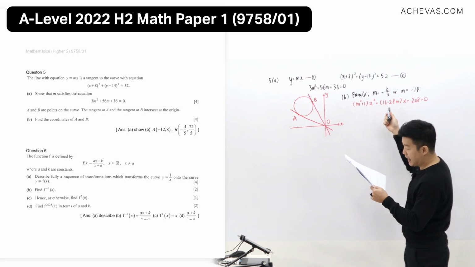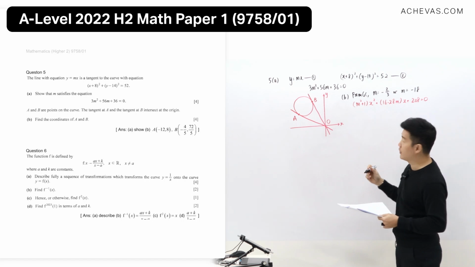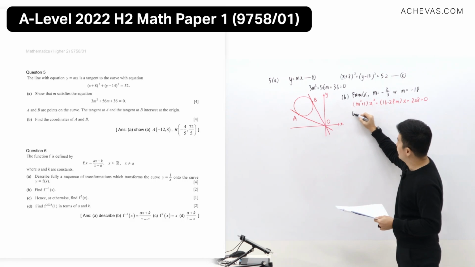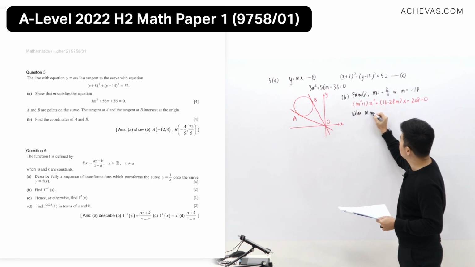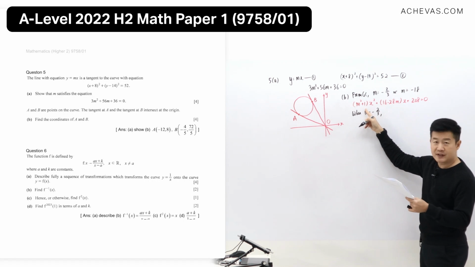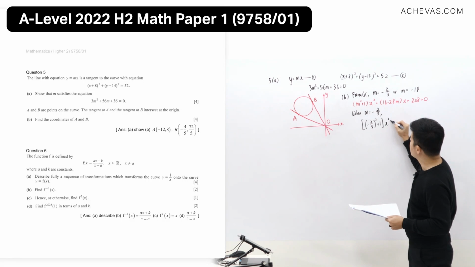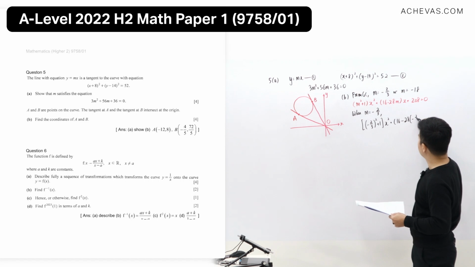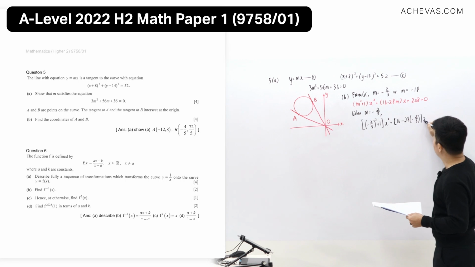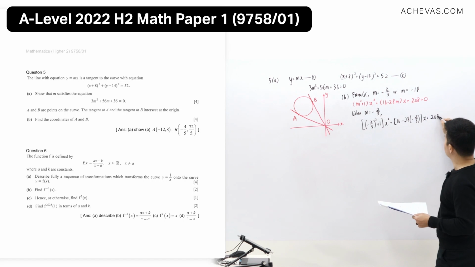And now when m is equal to -2/3, let me just try, okay? So when m is -2/3, substituting into this equation, we will have (negative 2 over 3) squared plus 1, x squared, plus 16 minus 28 multiplied by negative 2 over 3, then x plus 208.